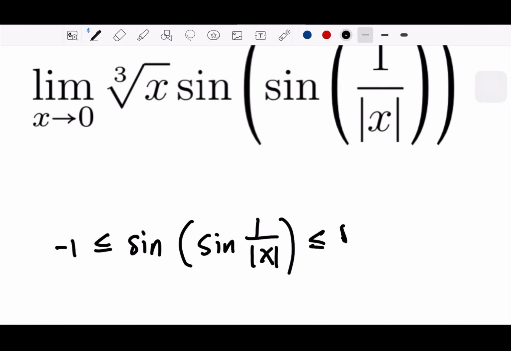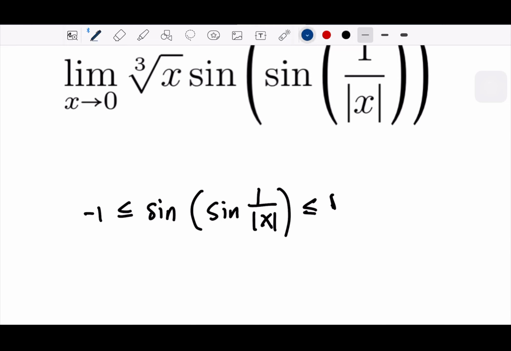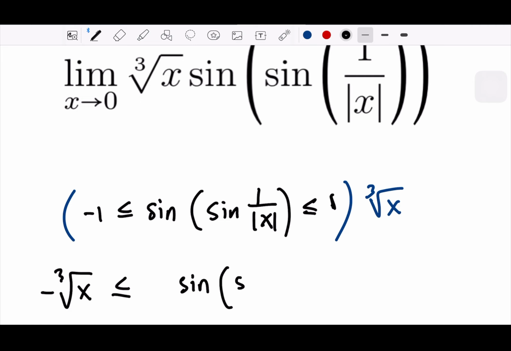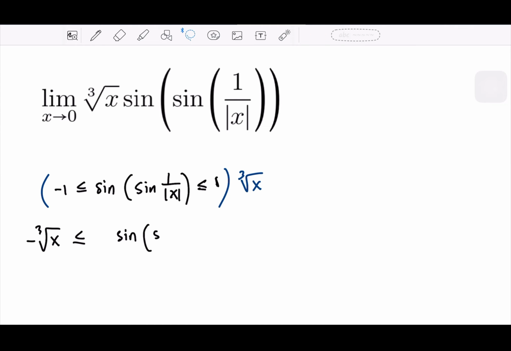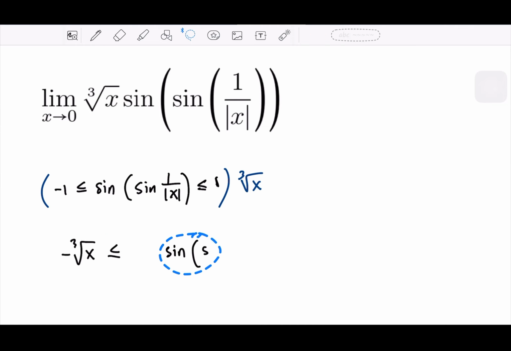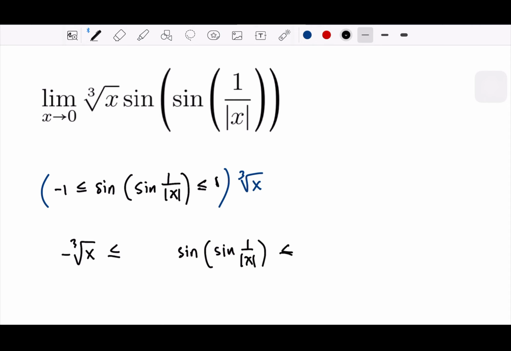Okay, so we multiply all of this by the cube root of x. So we have negative, maybe let me make it a little bit in the middle here. Then we have sine, and there.